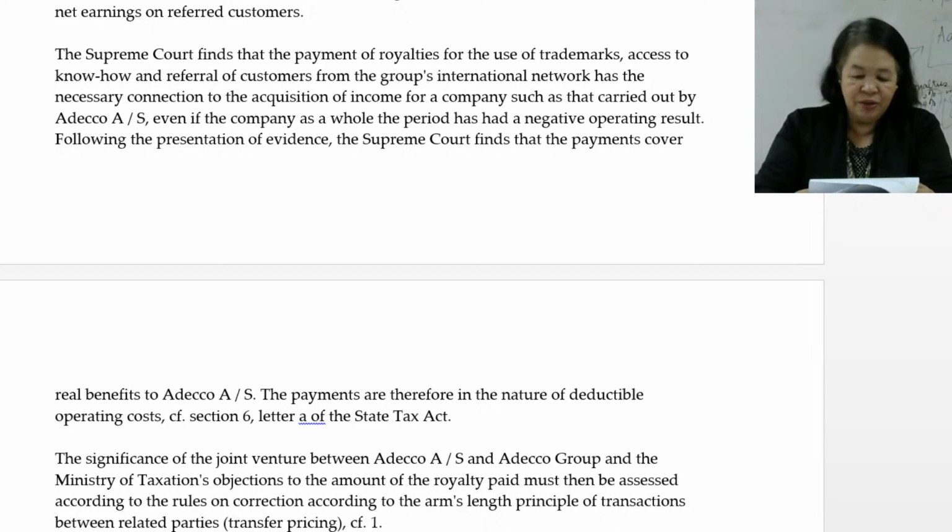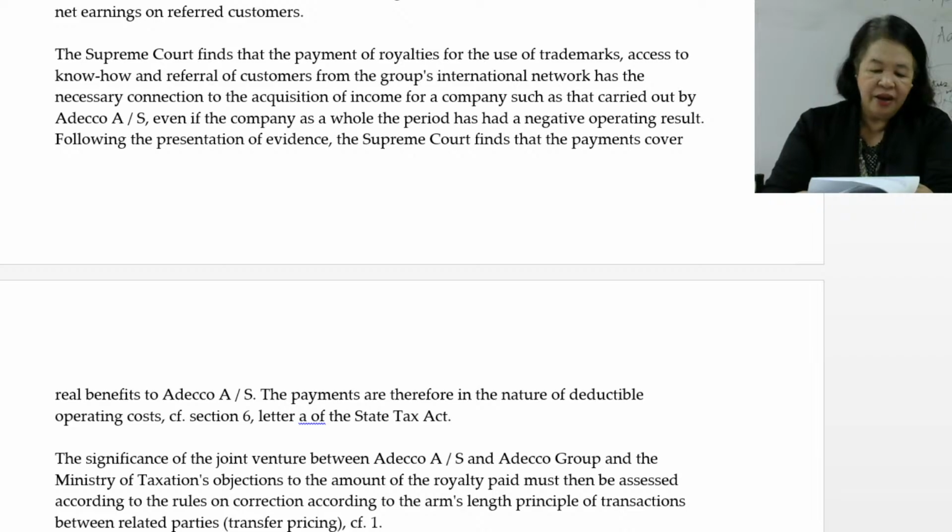Following the presentation of evidence, the Supreme Court finds that the payment cover real benefits to Adecco AS. No? The payment are therefore in the nature of deductible operating cost, Section 6, letter A of the State Act. Ng Supreme Court, deductible yung royalty payment as operating cost, no? As operating expense.